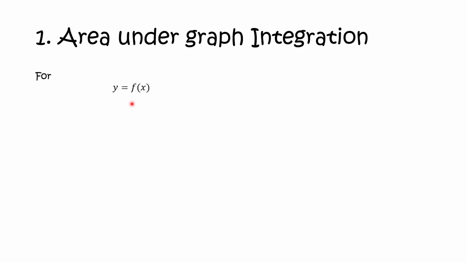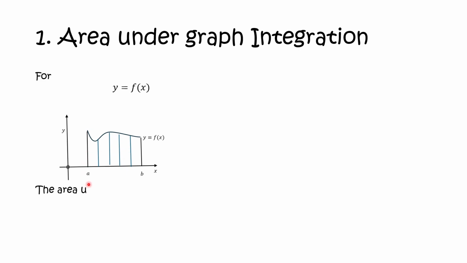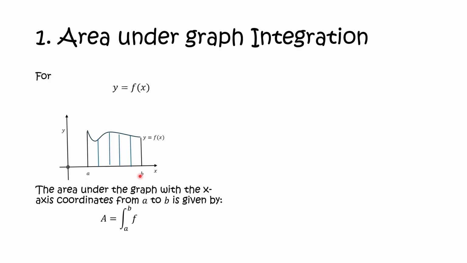For y is equal to f of x, we can have a function that is represented in the diagram in this format here. And we are saying that for us to find the area under the graph and the x-axis, so from A to B on the x coordinates, the area is given as the integral from A to B of f of x dx, where in this case our A is the lower limit and the B is the upper limit.